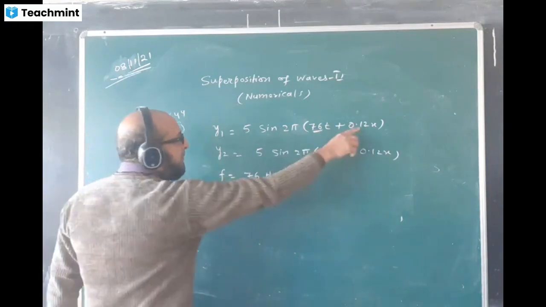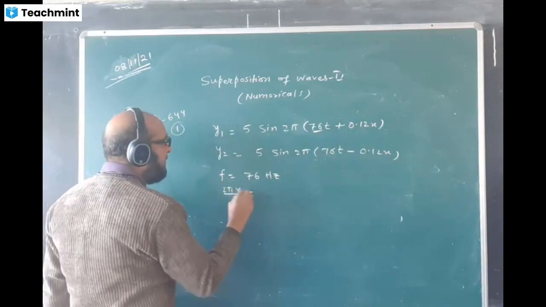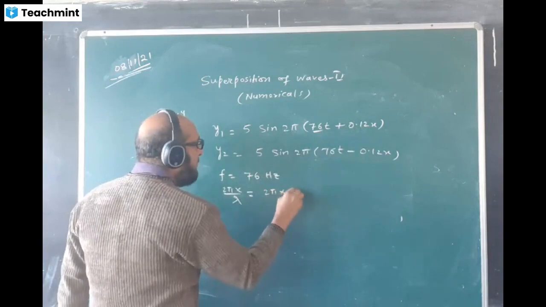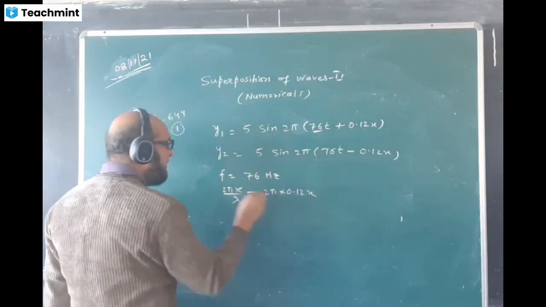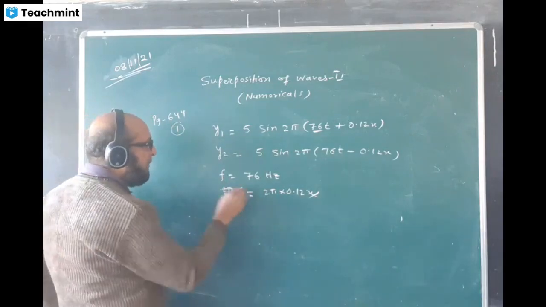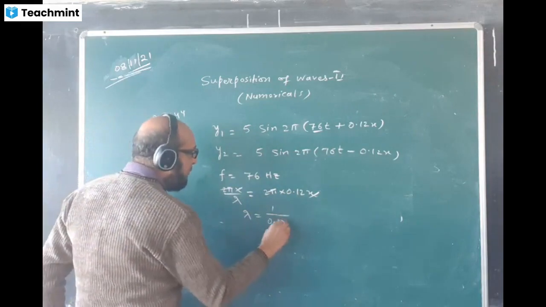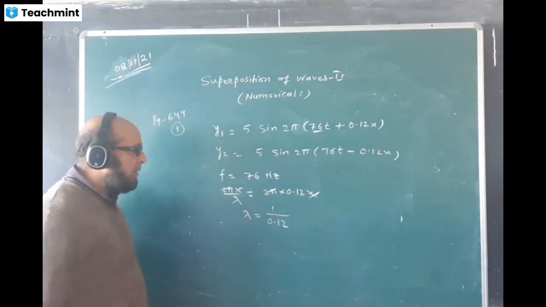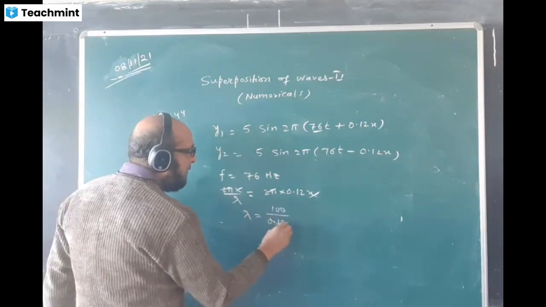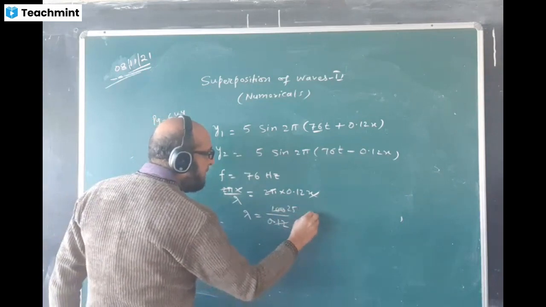And this part is the value of 2 pi x by lambda, right? 2 pi x by lambda is equal to this value, 2 pi into 0.12x, x and x cancel. So I'll find the value of lambda, 2 pi will go, lambda value will come 1 by 0.12. So let us find this answer. This is coming 25 by 3 centimeters.